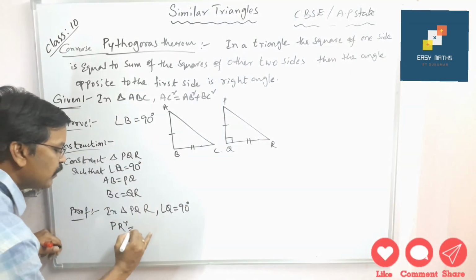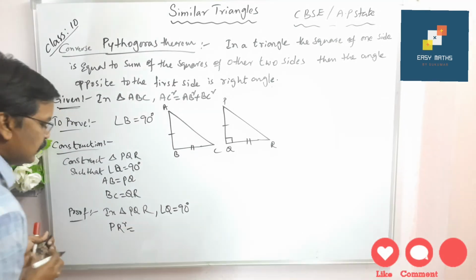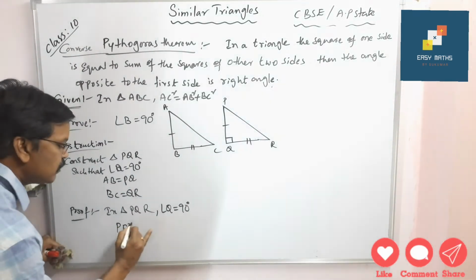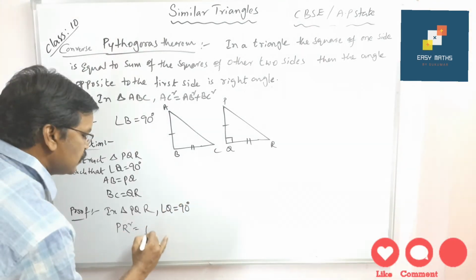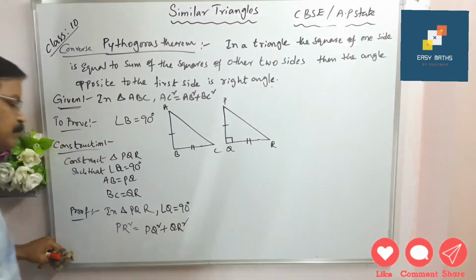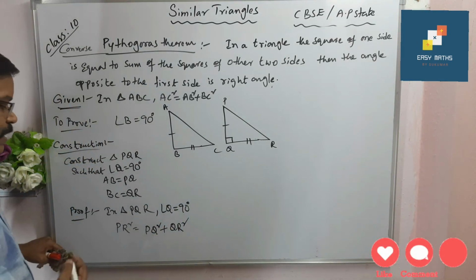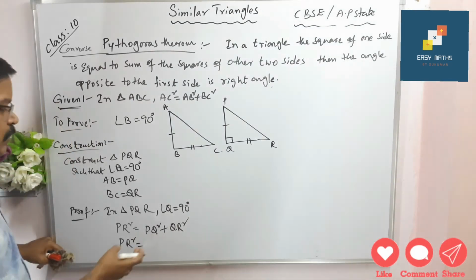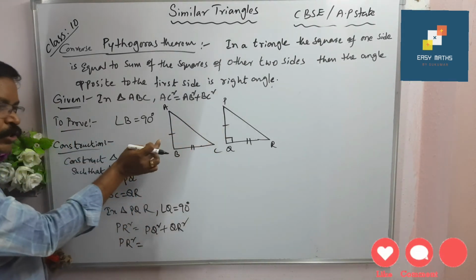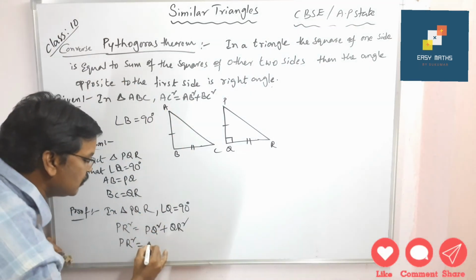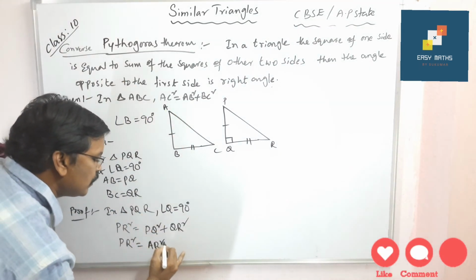The square of the hypotenuse, PR square, is equal to the sum of the squares of the other two sides, that means PQ square plus QR square, right? So PR square is equal to, instead of PQ, what do you write? AB. Why? According to the construction. So this is AB square.